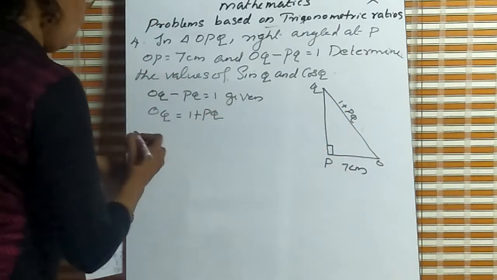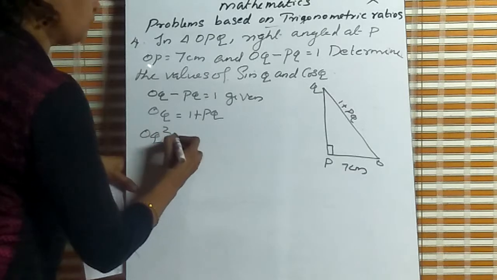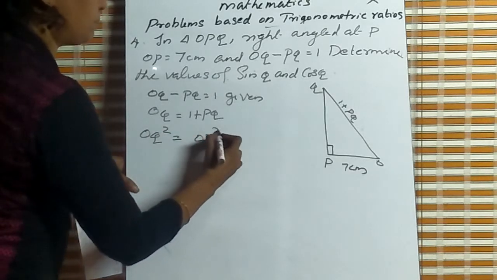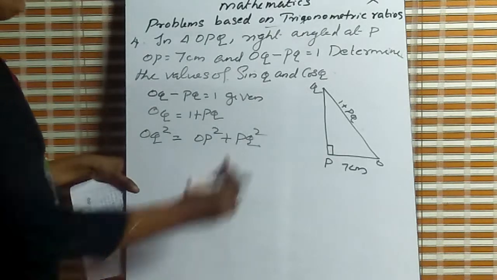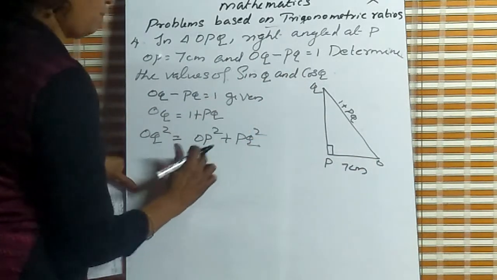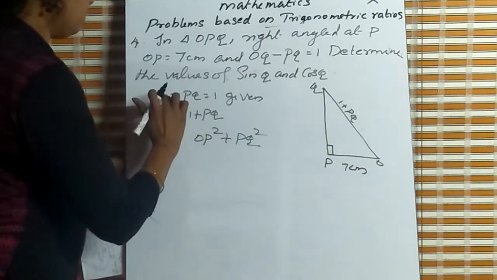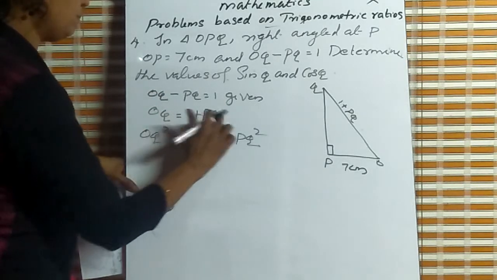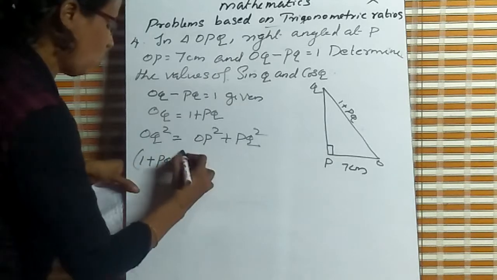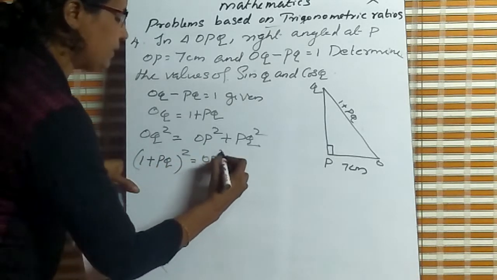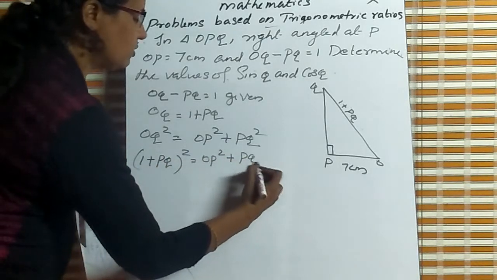We know that according to Pythagoras theorem, OQ square is equal to OP square plus PQ square. But OQ is 1 plus PQ, so 1 plus PQ the whole square equals OP square plus PQ square.